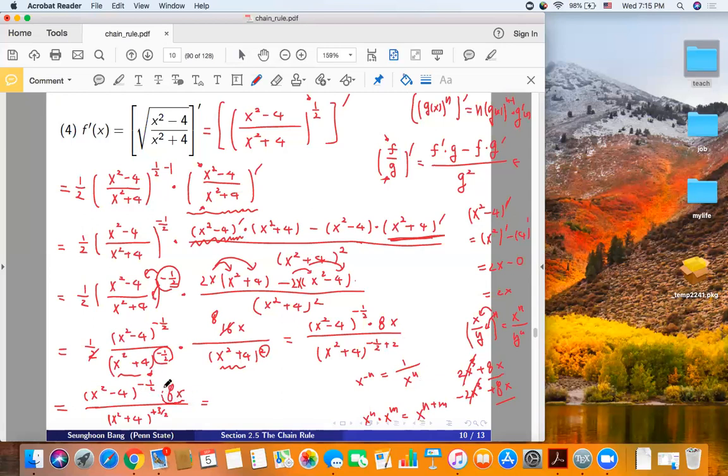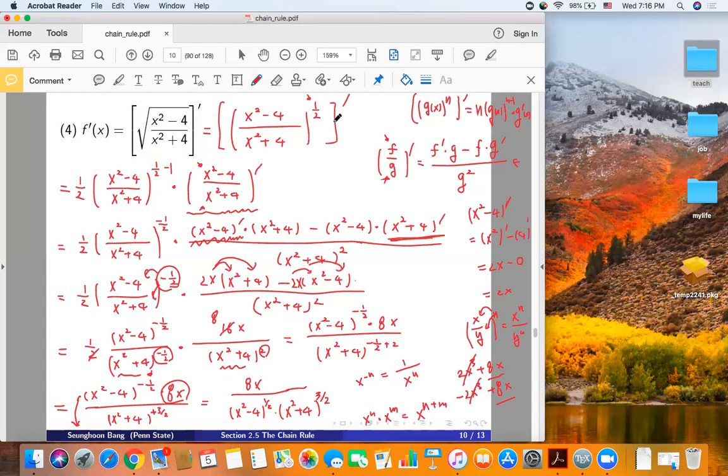You can keep 8x over, and this one goes down with a positive exponent. So we have (x squared minus 4) to the 1/2 times (x squared plus 4) to the power 3 over 2.